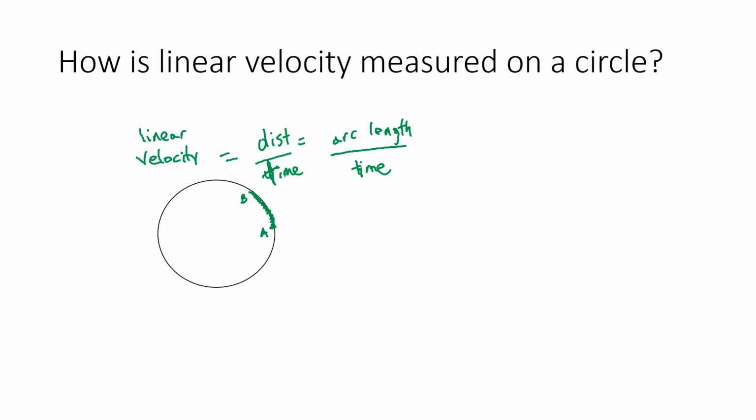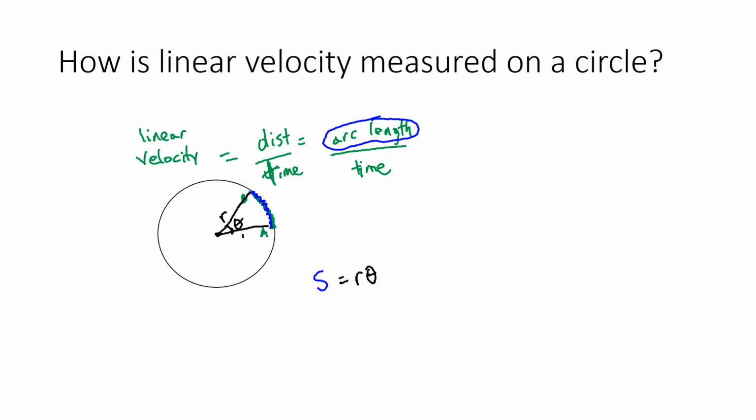So we could describe this actually using a formula as well. Remember we said this distance here corresponded to our arc length. We remember that we had this formula for arc length where s was equal to r times theta, where r was the radius that formed a certain angle theta.